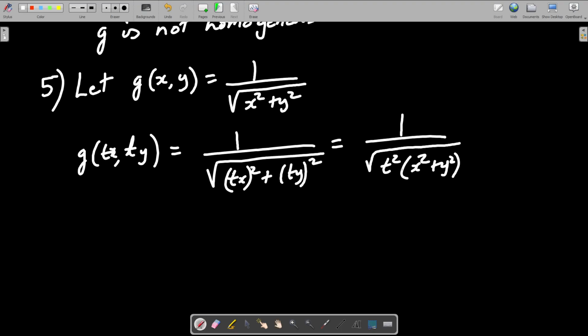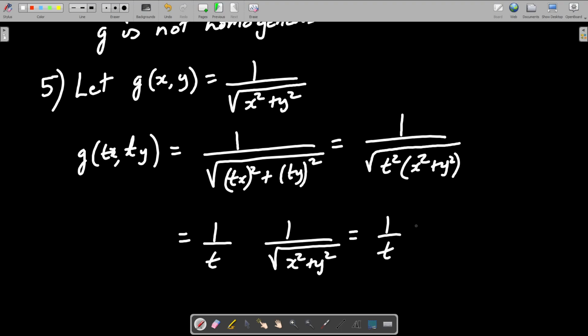Taking t out of the root sign, what will be left out is 1 upon t root over this. So this is 1 upon t times g of x y.